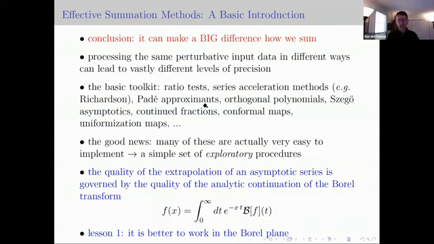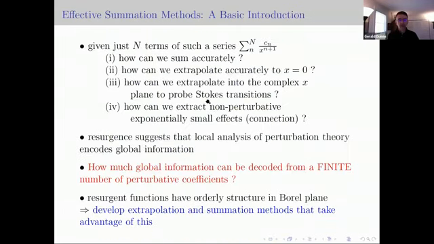Padé approximants, which is partly textbook material, but is also a very active field with a lot of interesting puzzles remaining. Things like orthogonal polynomials in the large order asymptotics, and then classical things: continued fractions, conformal maps, and uniformization maps. These basic mathematical tools can be used in fairly simple ways to make a big difference to the precision we gain in summing this series and doing extrapolations thereof.